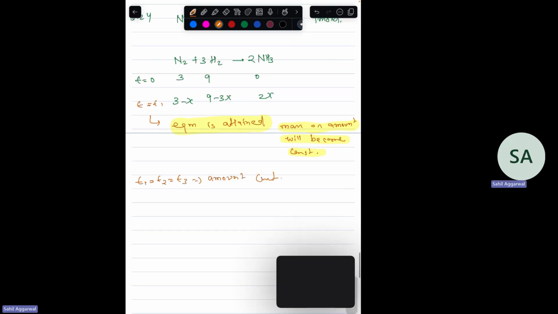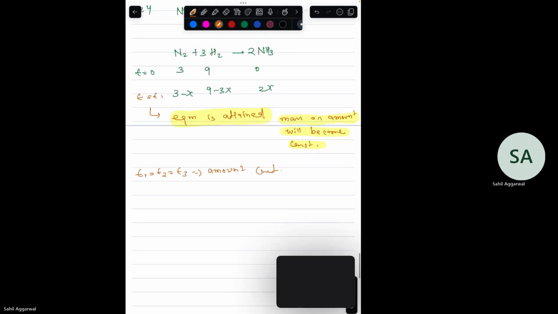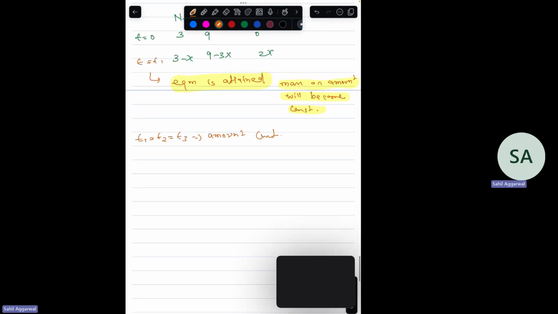T1 पर निकाल लेते हैं. कह रहा है कि अमाउंट ऑफ अमोनिया इज फाउंड टू बी 34 ग्राम.